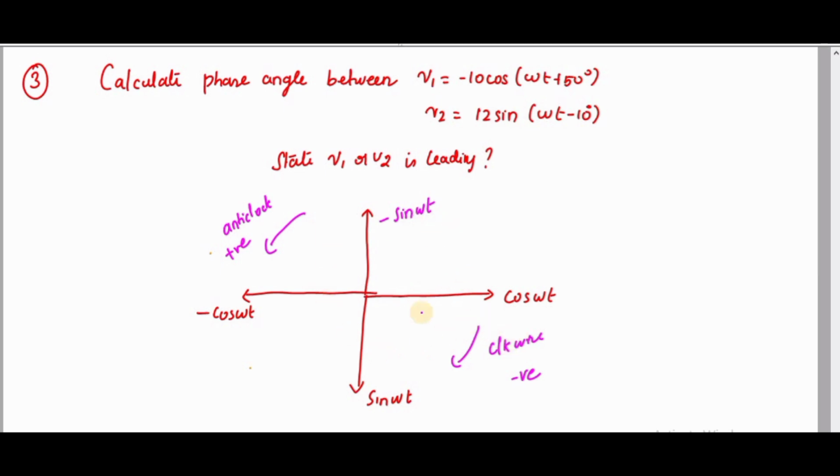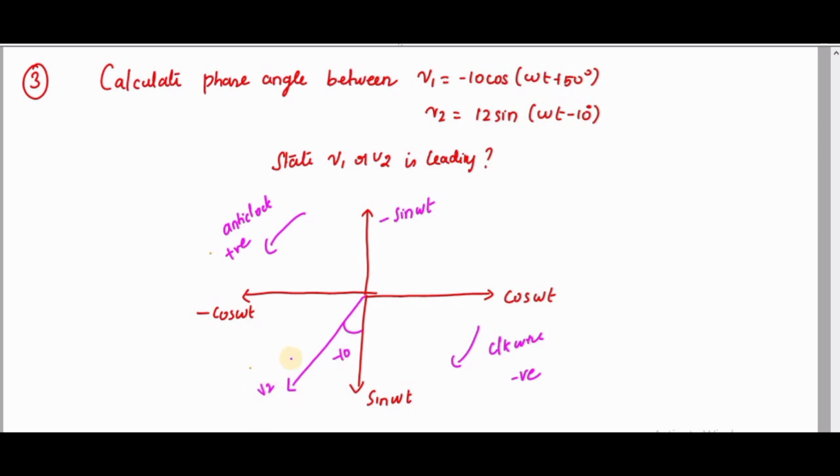Here you can see it is sin omega t, and since the angle is negative, it is in the clockwise direction. So it is minus 10. It has to be like this.